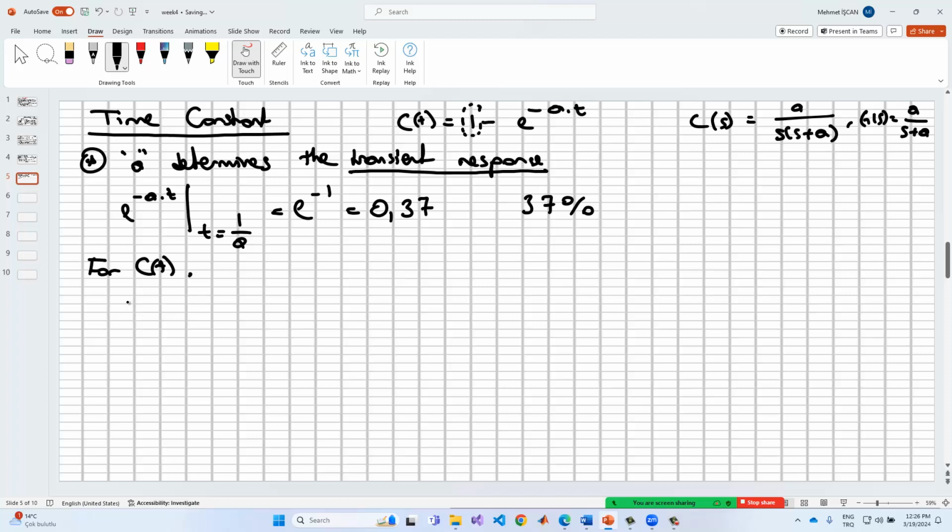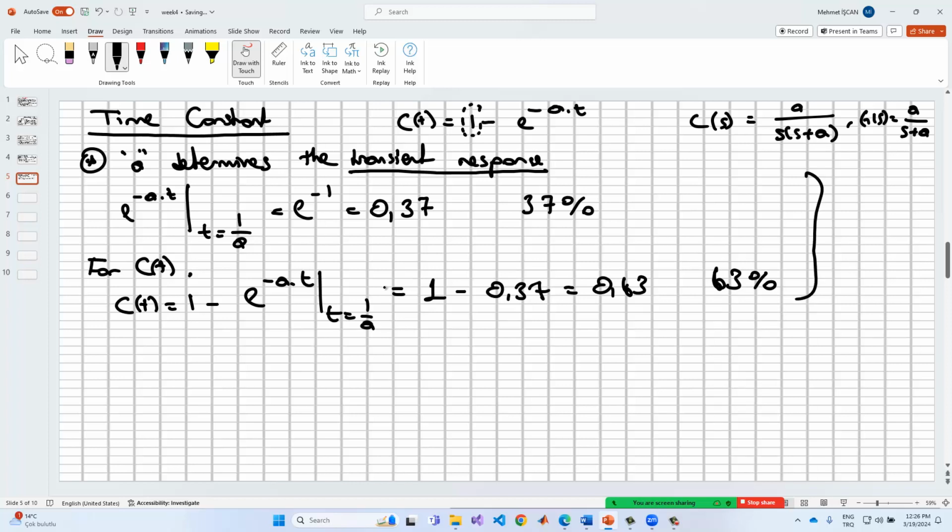But in c(t), we have c(t) equal to 1 minus e to the minus at, and t equal to 1 divided by a, and so we have 0.63 or 63% as the ratio of these terms. This is the standard variable.